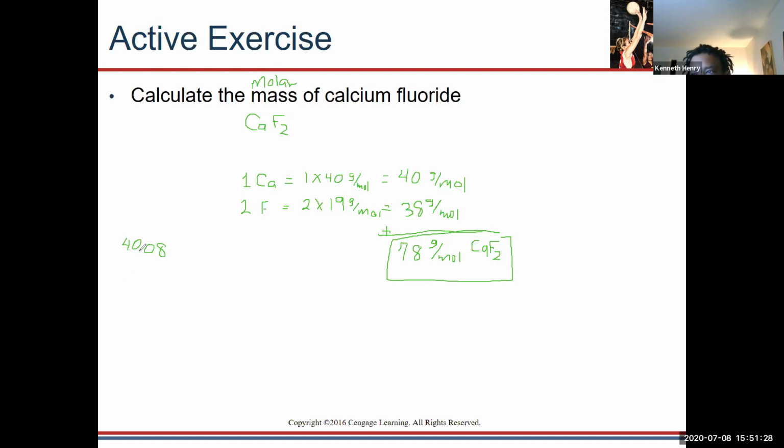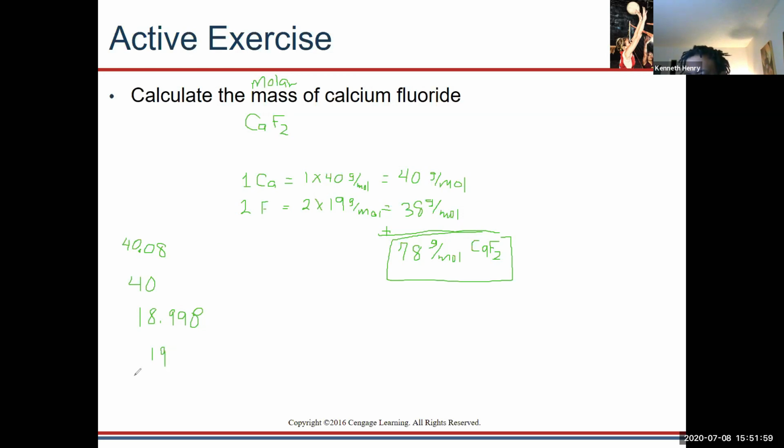So I can just round, right? Even if this was a 1, this is still going to be 0, so I could just say 40. The other one, fluorine, is 18.998 or something like that. If I round it, it's going to be 19, right?